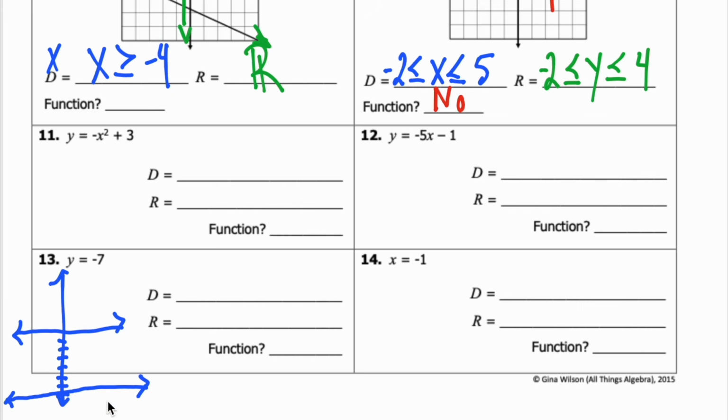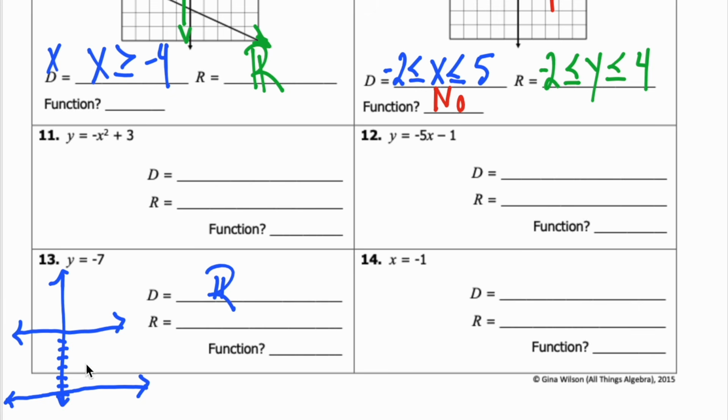And a line with a zero slope is going on and on and on forever to the left and forever to the right. So when we talk about our domain, remember, we're seeing how far to the left and how far to the right. Well, anything that goes on and on forever in each direction is going to be all real numbers.